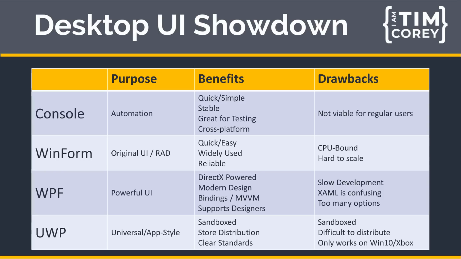The other thing that's difficult, or that is a harbinger of, I don't want to say doom, but it kind of is for UWP, is the fact that it used to be that the Microsoft Store only allowed UWP applications. They have changed that. Now we can put Win32 applications, which would be WinForm applications, console applications, WPF applications.